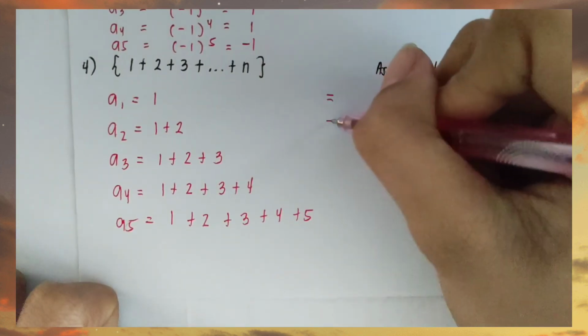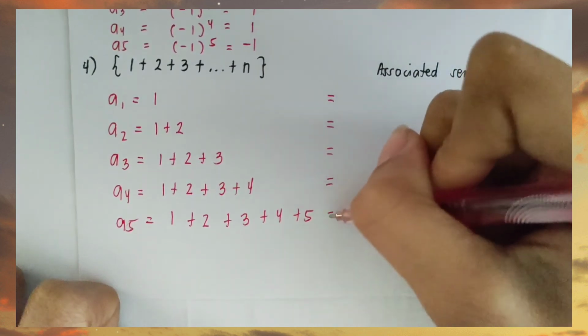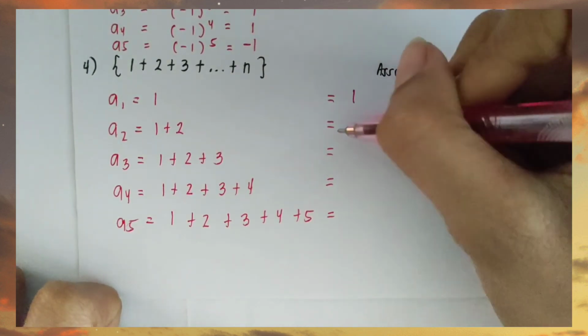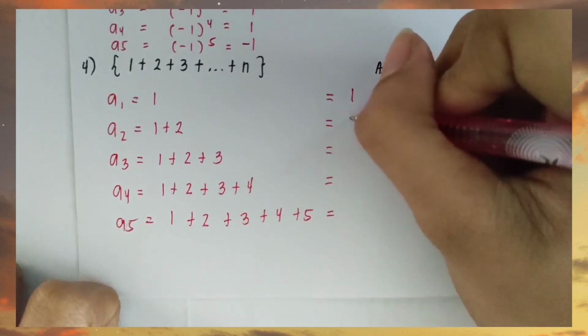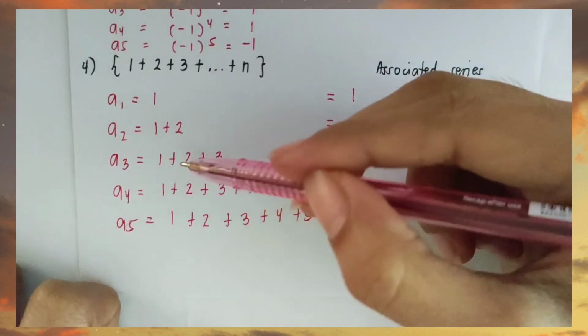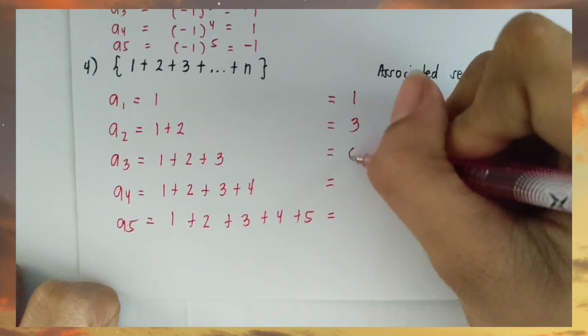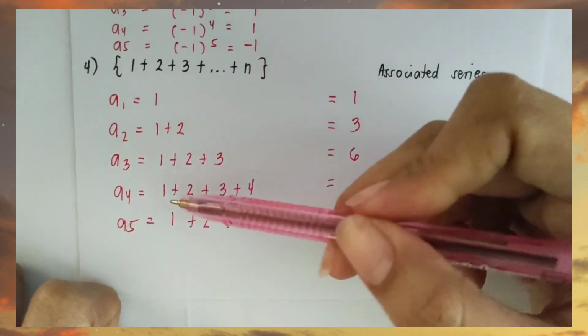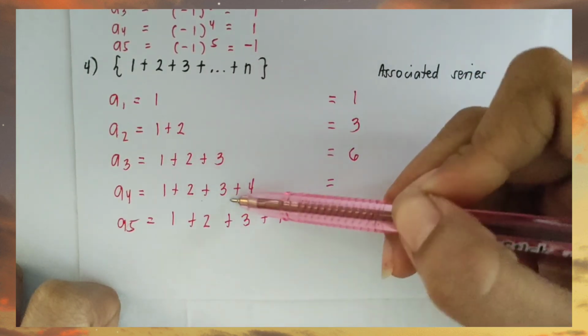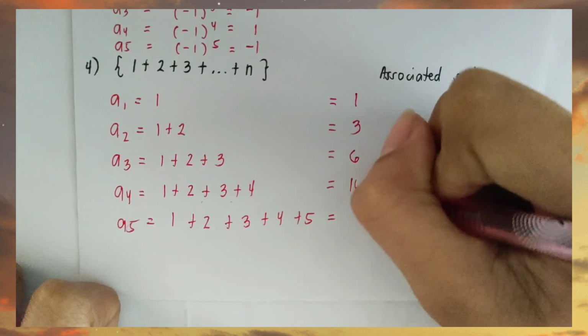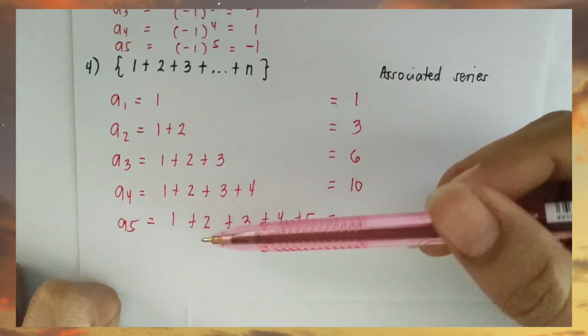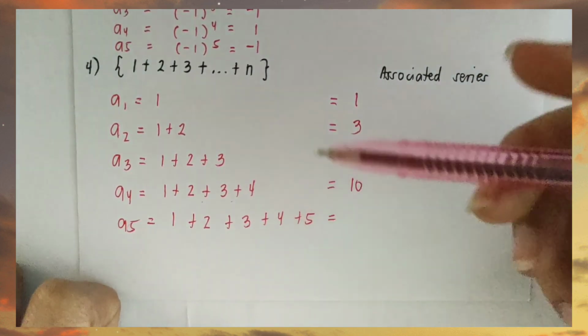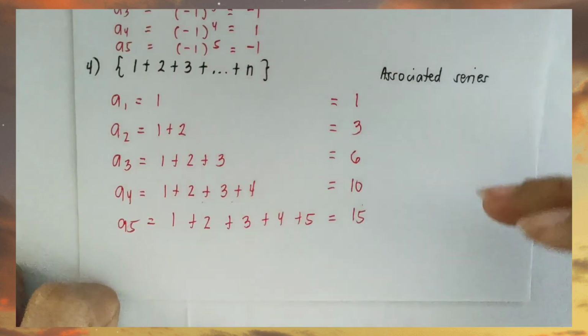So let us simplify. A sub 1 is 1. A sub 2, 1 plus 2 is 3. A sub 3, 1 plus 2 plus 3 is 6. A sub 4, 1 plus 2 plus 3 plus 4 is 10. And for A sub 5, 1 plus 2 plus 3 plus 4 plus 5 is equal to 15.